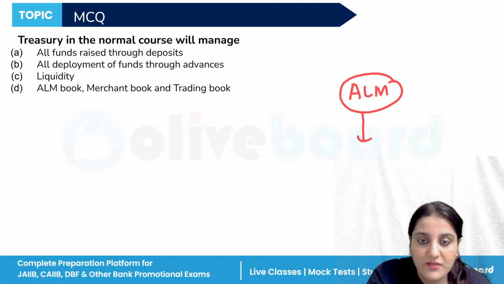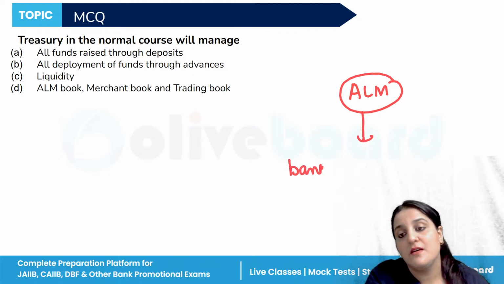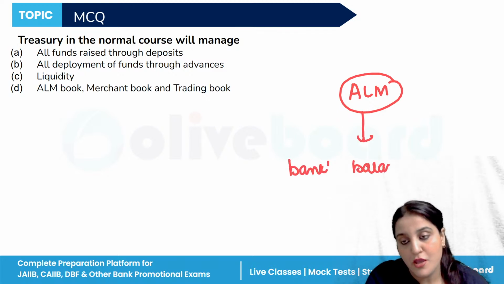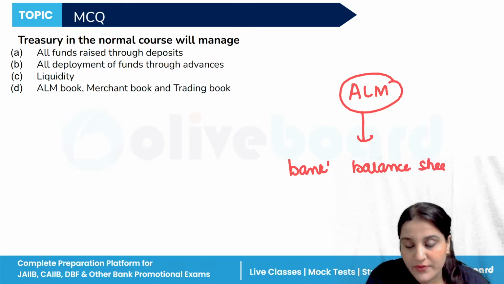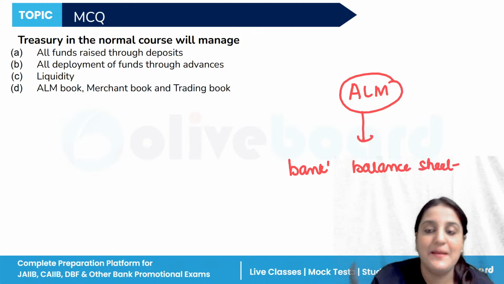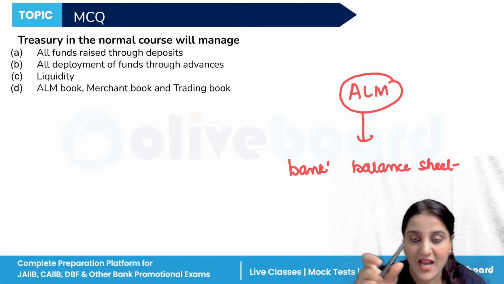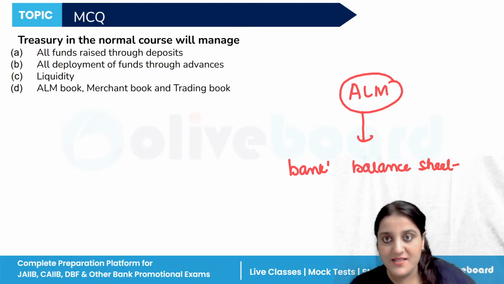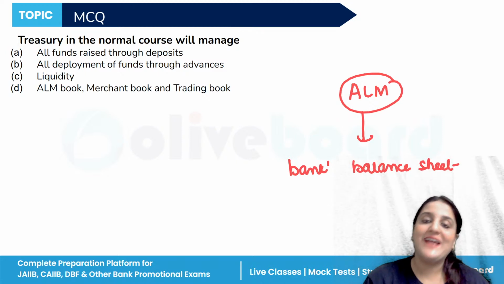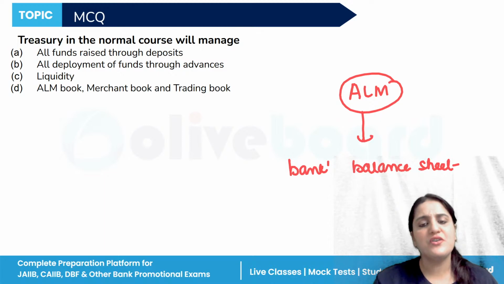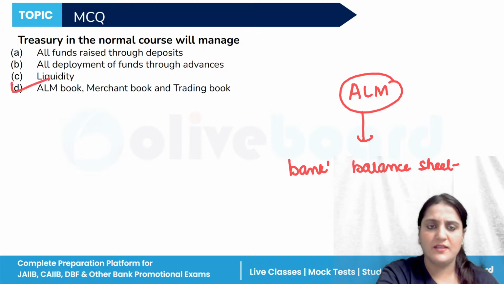This involves the bank's balance sheet, which ensures that assets and liabilities are structured in a way that balances risk and return while managing liquidity and interest rate risk. So option D is correct here.